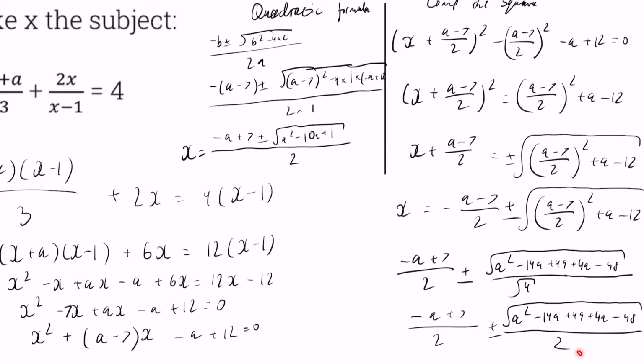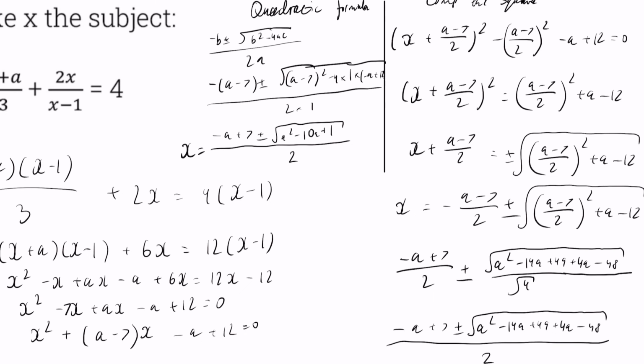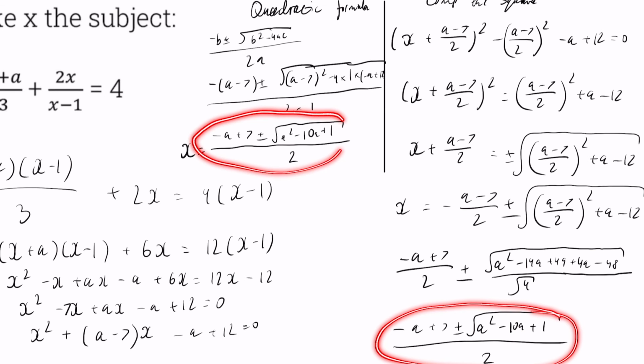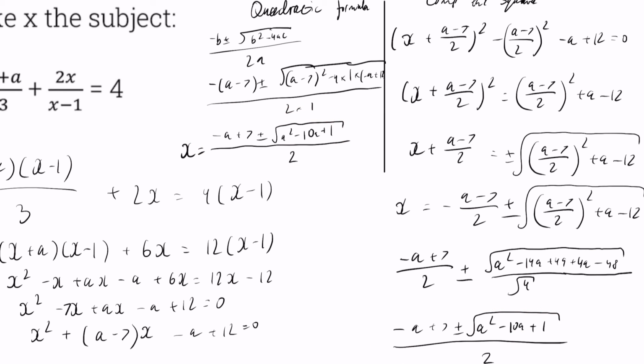And now we can just simply combine those two fractions together to make it, now minus 14a plus 4a is just minus 10a. 49 minus 48 is again 1. And that's it. We end up with the exact same answer as we did using the quadratic formula. So both of those methods are right. You can use either of those. Completing the square is slightly more challenging, but it's a good way of practicing your completing the square.